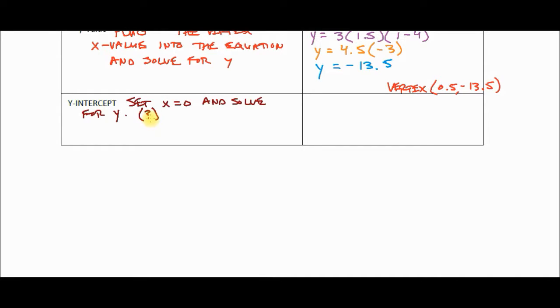I'll repeat that again. In parentheses, please write, because the y-intercept will always have an x value of 0. Why can we set x equal to 0 and solve for y? In parentheses, write the words, because the y-intercept will always have an x value of 0.